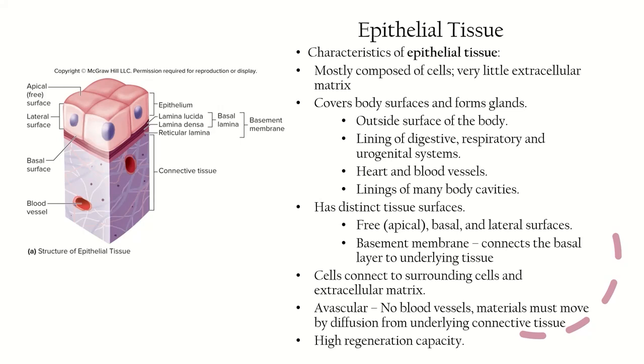The one highlight marker of epithelial tissue is they have high regeneration capacity. So they get damaged, they heal, reproduce, undergo mitosis very well. Think of your skin, right? You cut it, it heals pretty well, unless you did a bad cut and get scar tissue. But that's more of an issue related to improper healing of your extracellular matrix than the cell reproduction.